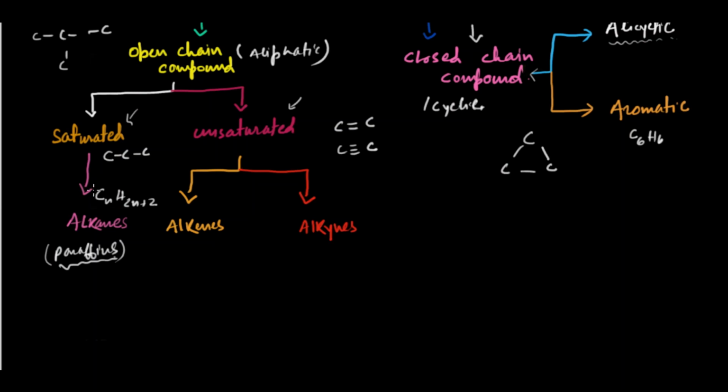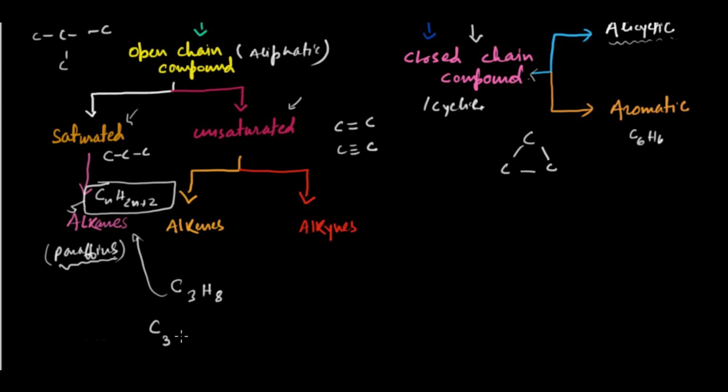CnH2n+2. Remember, this is a very important formula to understand which one is an alkane. For example, I'm giving you just one example. You can see C3H8. Is it satisfying this formula or not? Yes, it is satisfying. Instead of 3 we can say n.